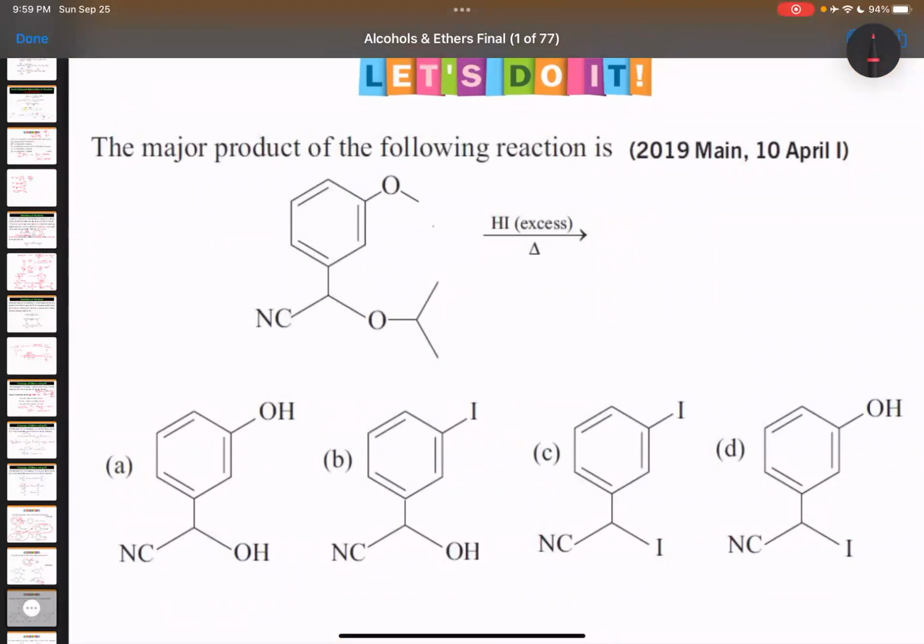So if you have oxygen connected to benzene, the thumb rule is don't break it. But if you have oxygen connected to a carbon which is connected to benzene, then break it. Okay.